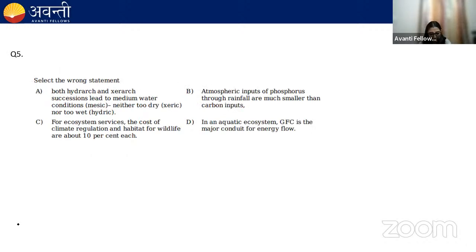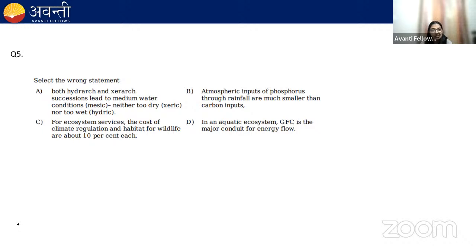Next question says select the wrong statement. A, both hydric and xeric succession lead to medium water condition, means that neither too dry xeric nor too wet hydric. B, atmospheric input of phosphorus through rainfall is much smaller than carbon input.